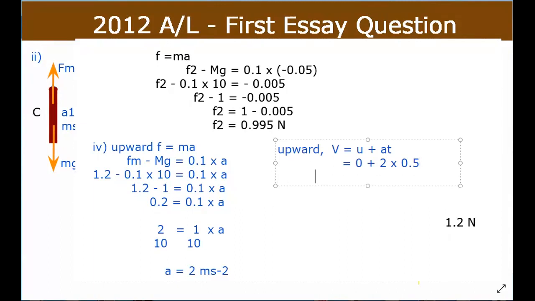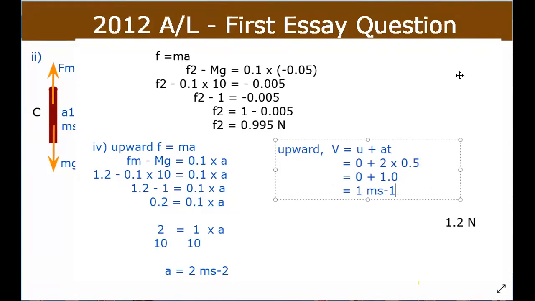So what is 2 into 0.5? This is 0 plus 2 into 0.5, which is 1.0. 0 plus 1.0 means 1. What is the maximum possible velocity? 1 meter per second. Am I right here? Yes, sir.